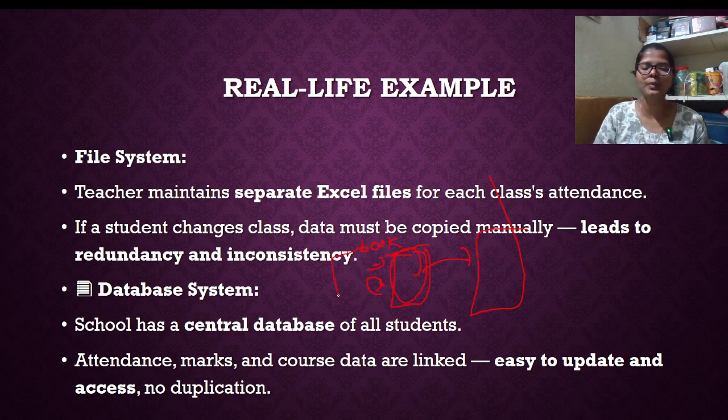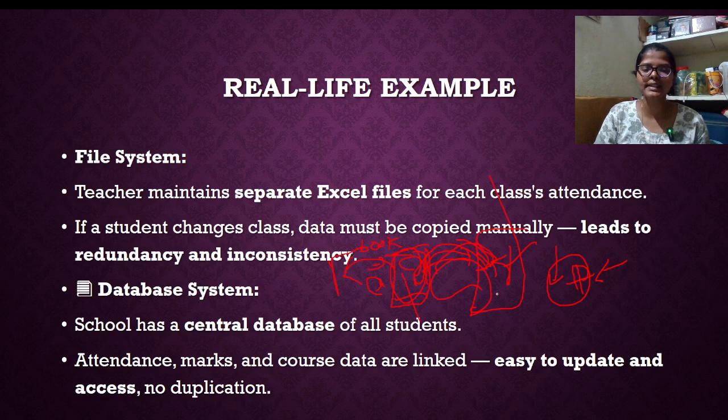The teacher has to maintain a new register and copy the details of all the students, and include the new person and remove the one who left. Here the order may change. Inconsistency may arise, data is not in order, and redundancy occurs. All this happens with the file system.